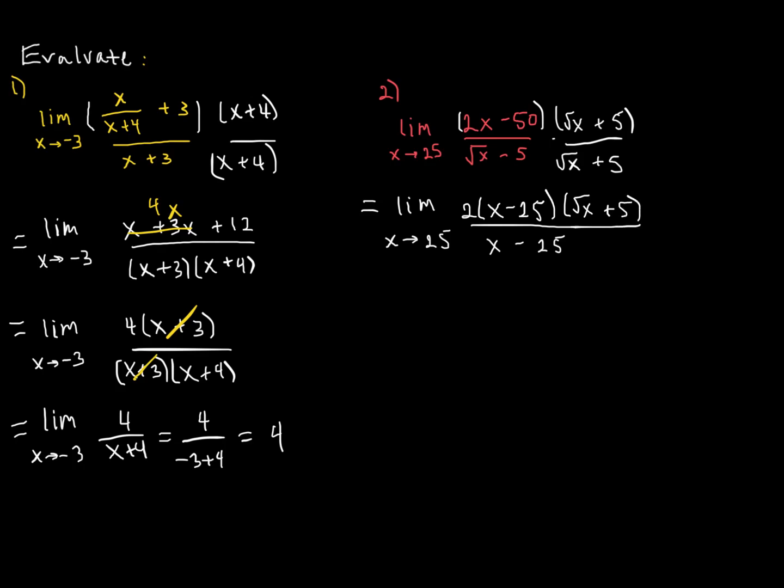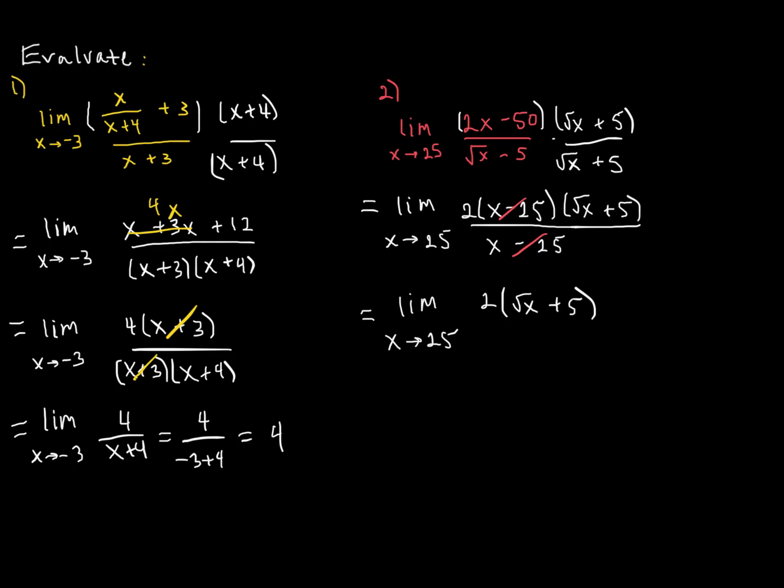And now you're in good shape because you can cancel out this troublesome factor, okay? And it's okay to cancel out again because I'm approaching 25. It doesn't matter that it's discontinuous at 25. And so now the limit as x approaches 25 of 2 times the square root of x plus 5. And notice now, when I plug in 25, I don't have a discontinuity.